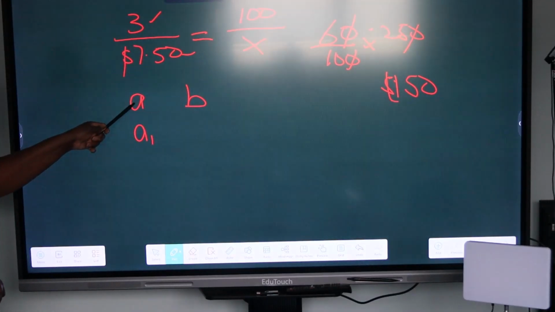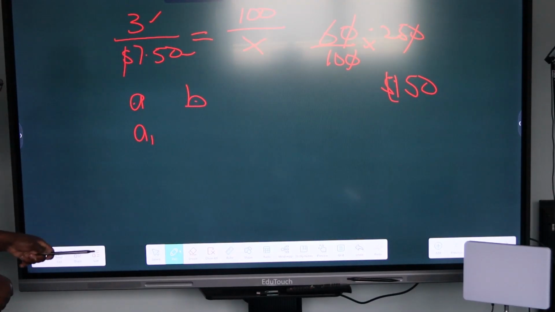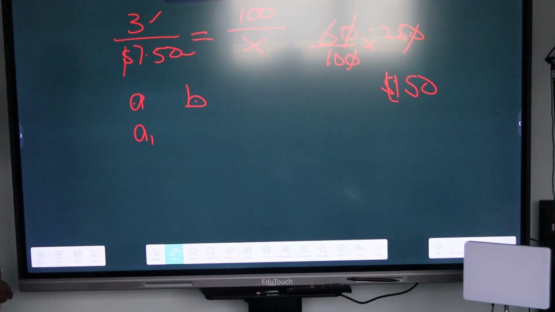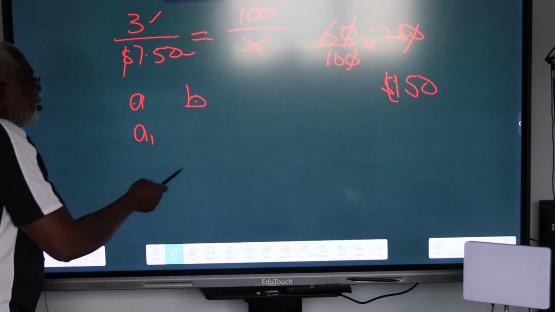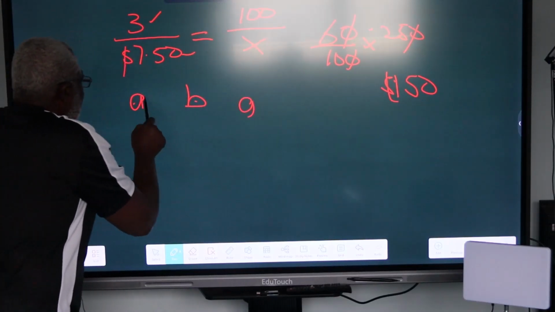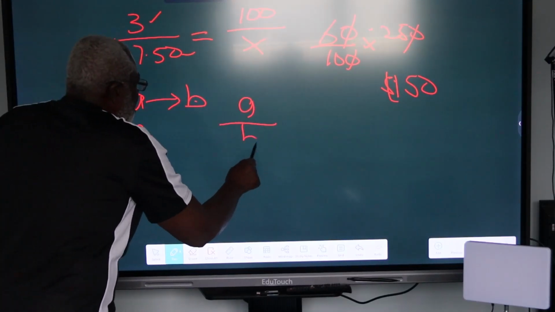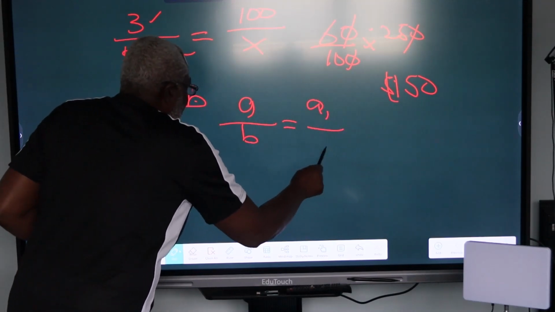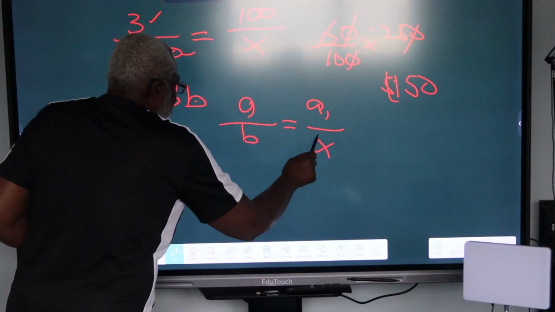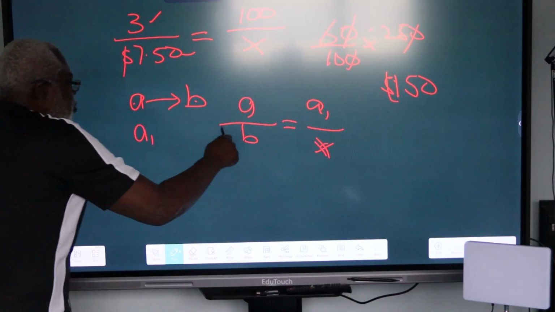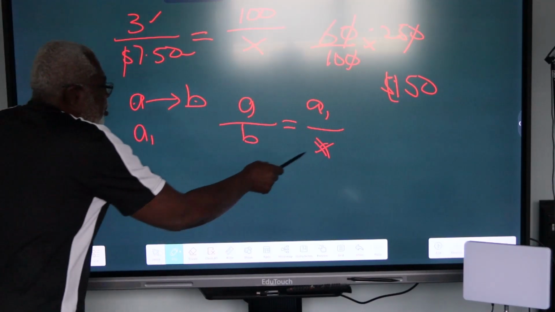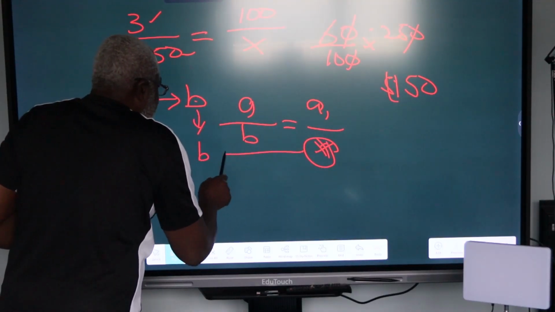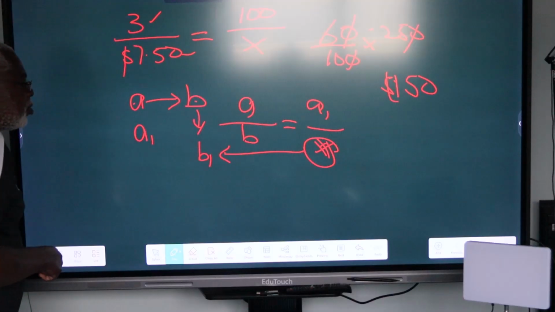When A is A, B is B. But what becomes of B when A becomes A1? This is a ratio. So A over B equals A1 over whatever B will be. So you solve for B. Our x value will be the new value of B.